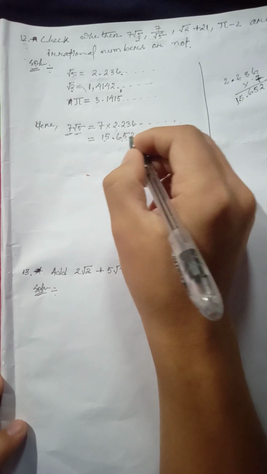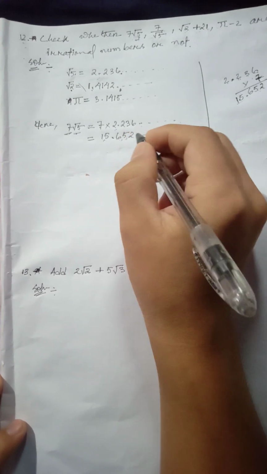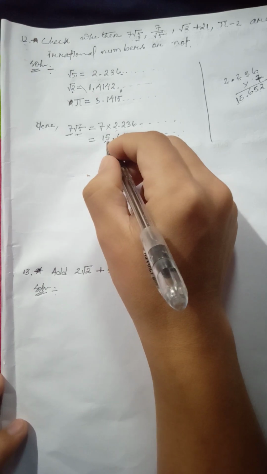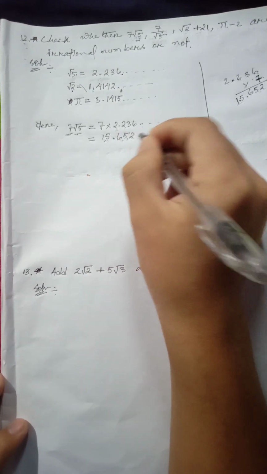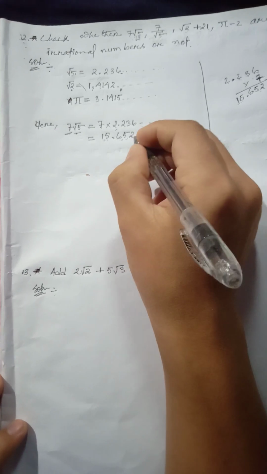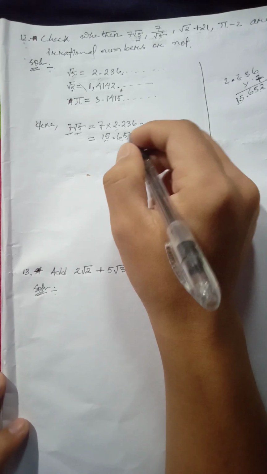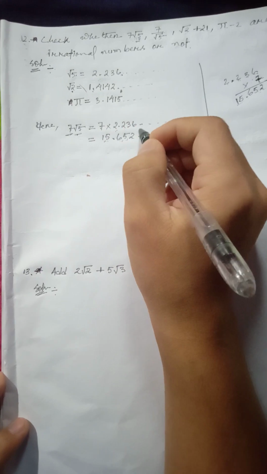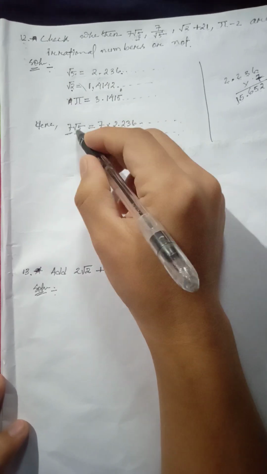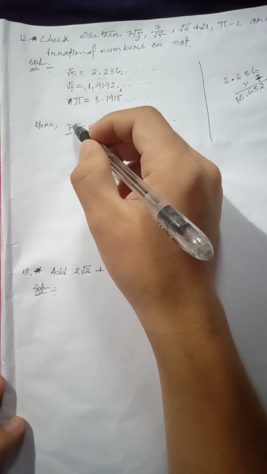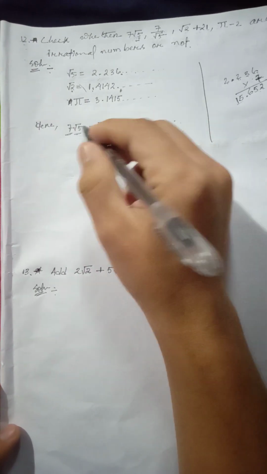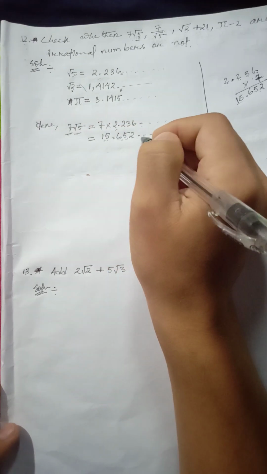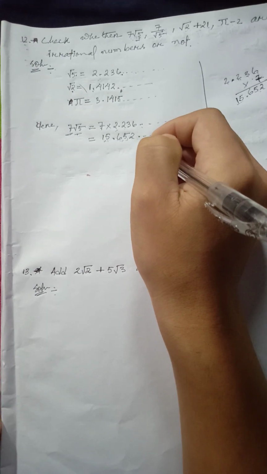So this kind of decimal expansion, which is non-terminating as well as non-recurring, comes under the properties of an irrational number. Okay, thus we can conclude that the value of 7 root 5 is an irrational number.